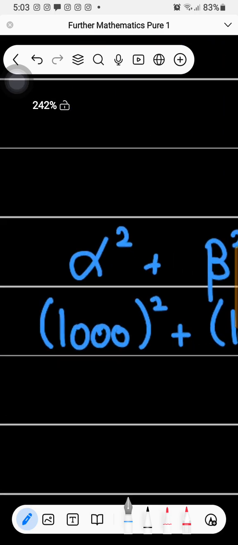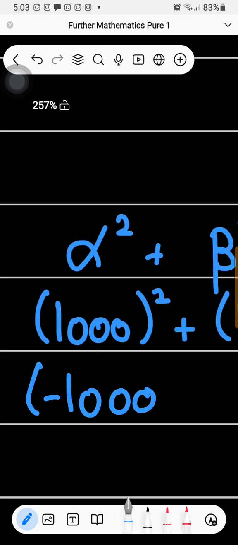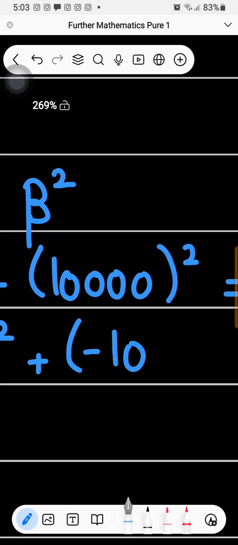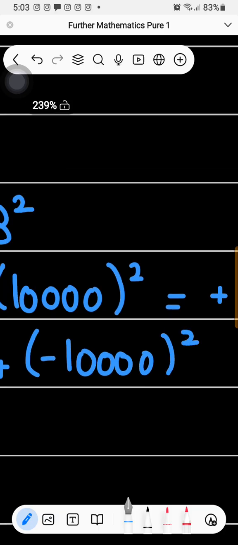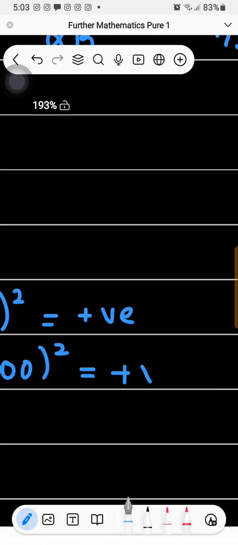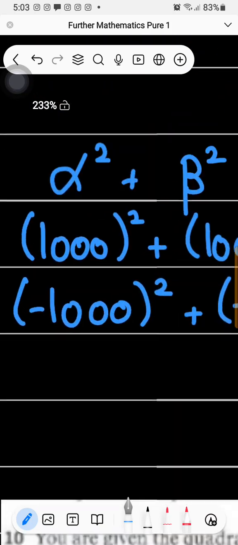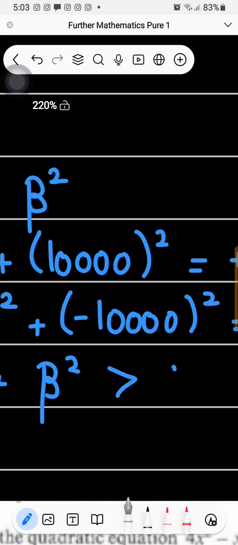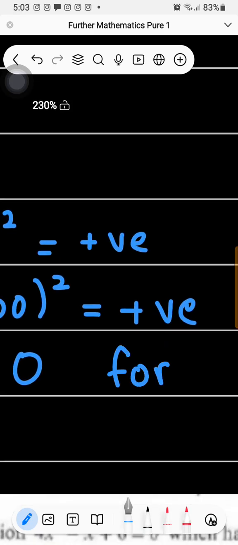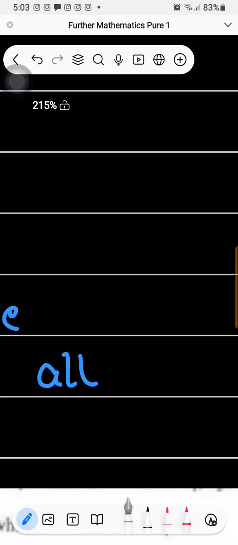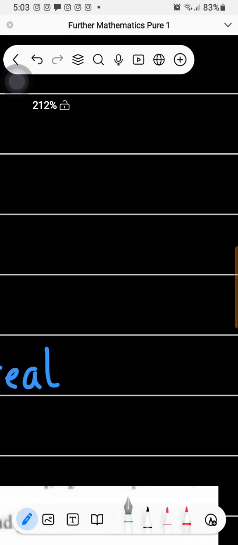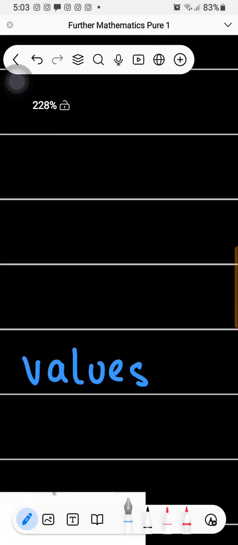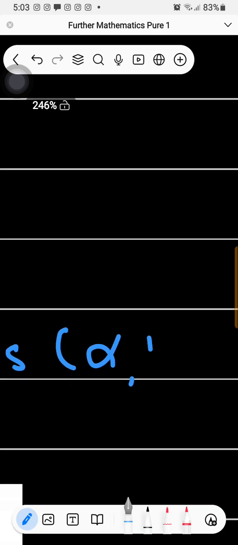Okay, if we insert negative 1000 here and whole square plus negative 10,000 here and whole square, we will still get a positive value, which shows that sum of alpha square plus beta square is greater than 0 for all real values. And if I say values are alpha and beta, there will be nothing wrong.